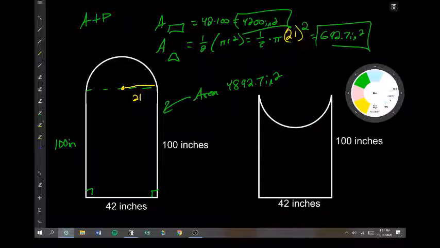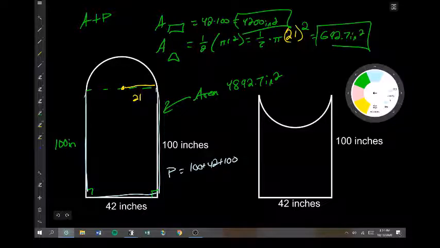Perimeter starts out easier. It's got 100 plus 42 plus 100. But I also have to add in the perimeter of the half circle.